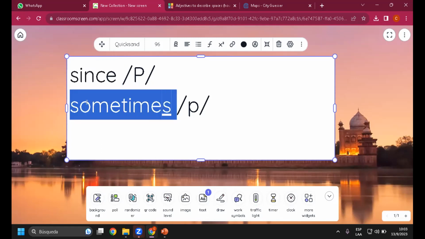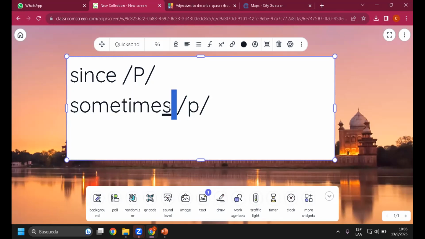If I write the word with the letter P, but I underline a specific letter or a specific syllable, that means that is the syllable that you didn't pronounce correctly, okay? This is just in case you had those details in your feedback.